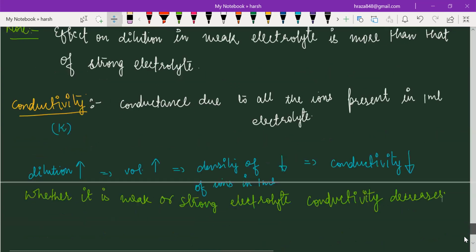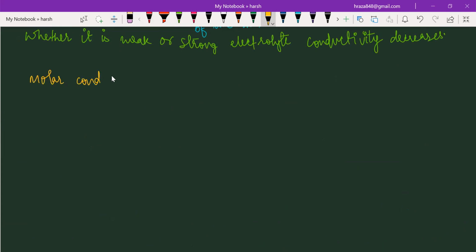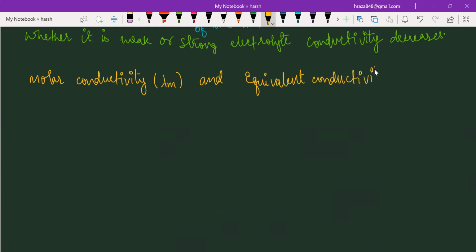Since we just covered conductance and conductivity, now we are going to cover molar conductivity, that means lambda m, and equivalent conductivity. Are you getting my point?